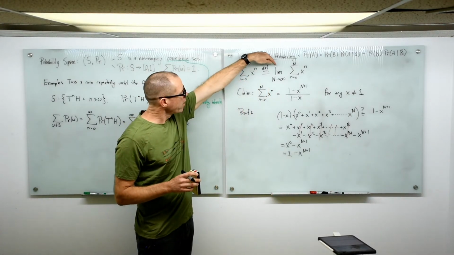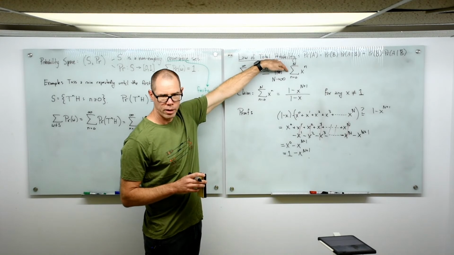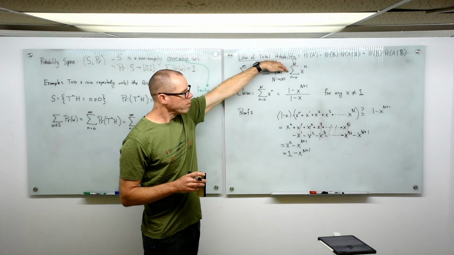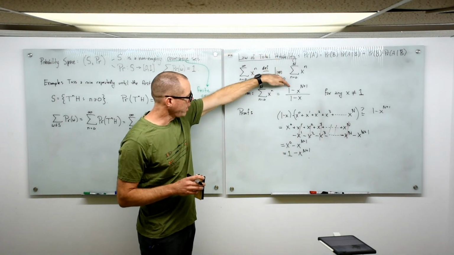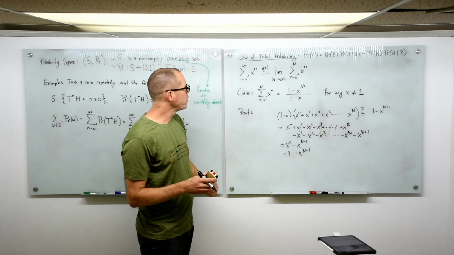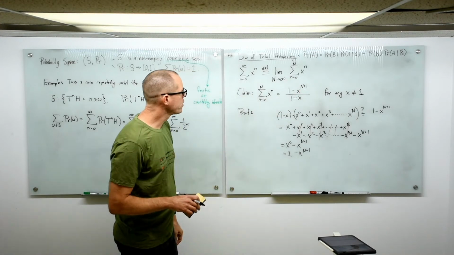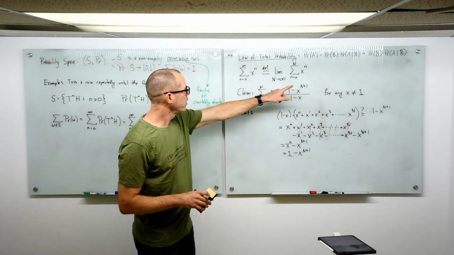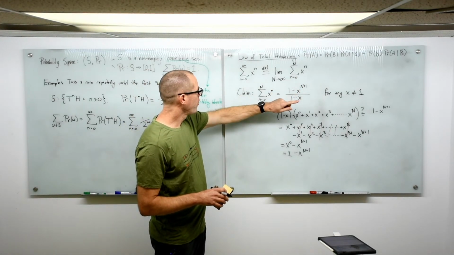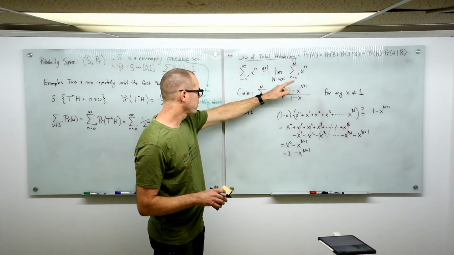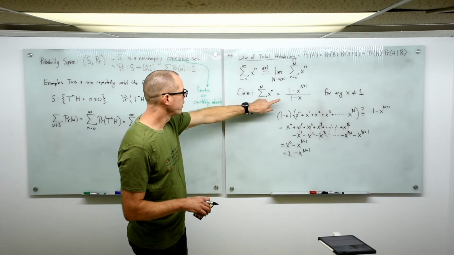So now we understand the finite sum here, and we have a closed form for it, which is this. And now we just need to take the limit as n goes to infinity. So let's do that.